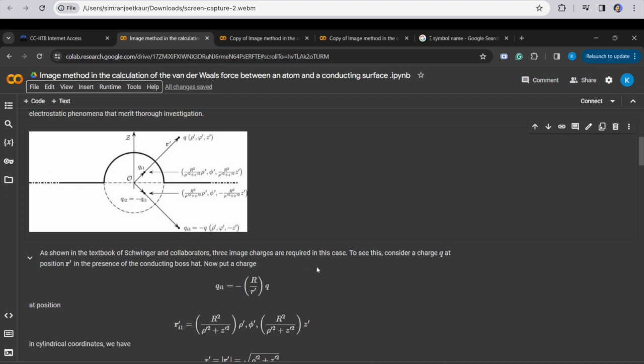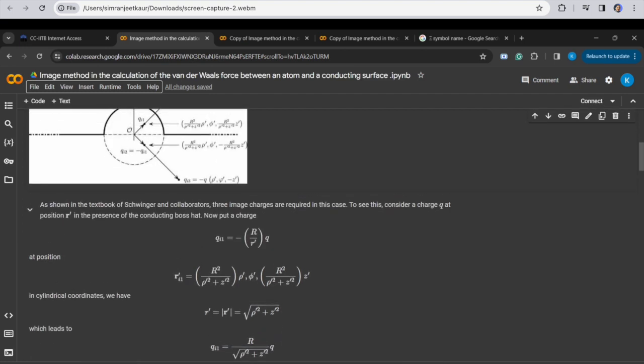So three image charges are required in this case. To see this, consider a charge Q at position R. You can see here is the Q. In the presence of the conducting Bose head, we introduce this QI1, which is introduced here, and its position is RI1.